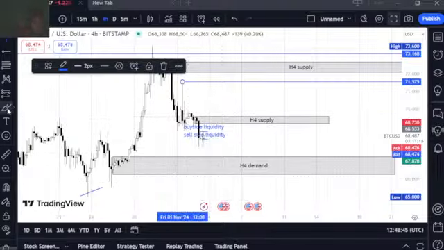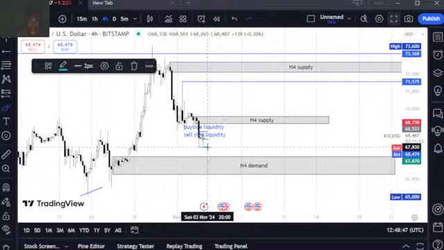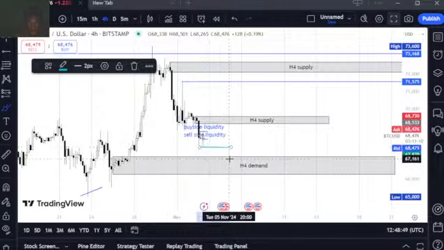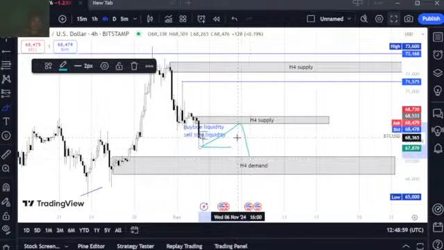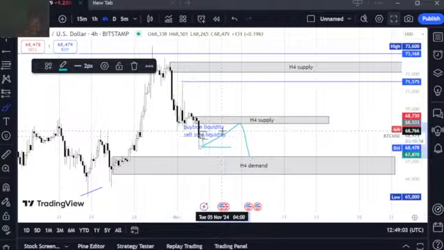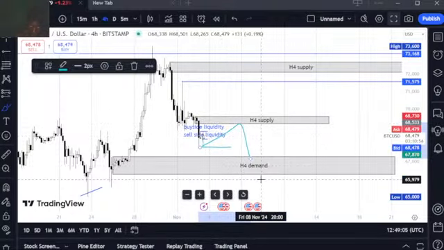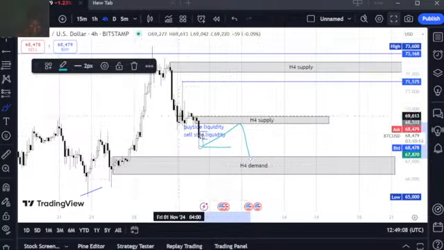You know, price breaks this very low. After breaking this very low, the price can tap into this, then tap into this level. Why? Because there's a lot of orders here for price to grab before it comes down. So this is the 4-hour time frame.